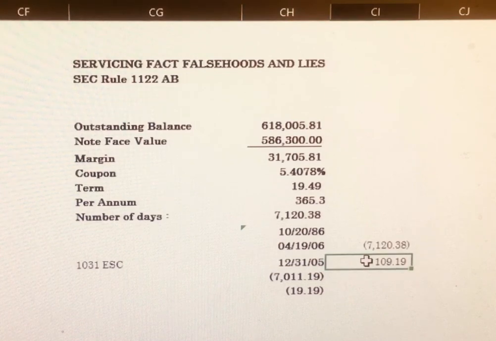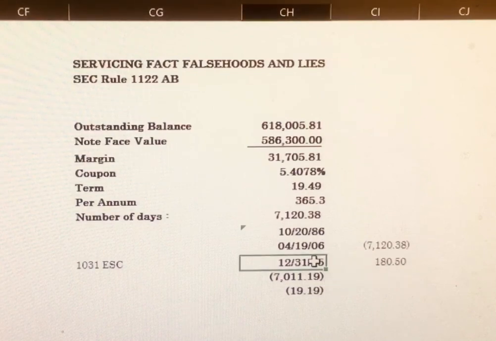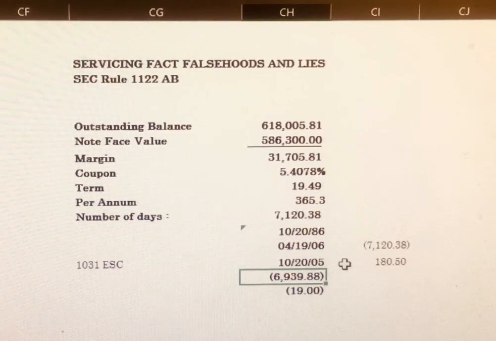and we subtract 180 days, 180.5 for a 1031 exchange, it takes me from 10/20/86 to 4/19/06, adding in the 7120 days. What I'll do is subtract the 180 days, 0.5 for a 1031 exchange, and that gives me 10/20/05.